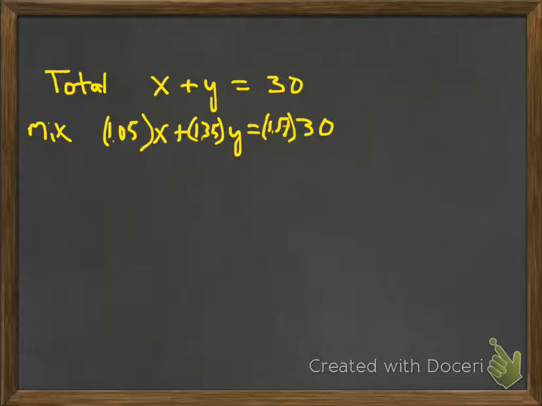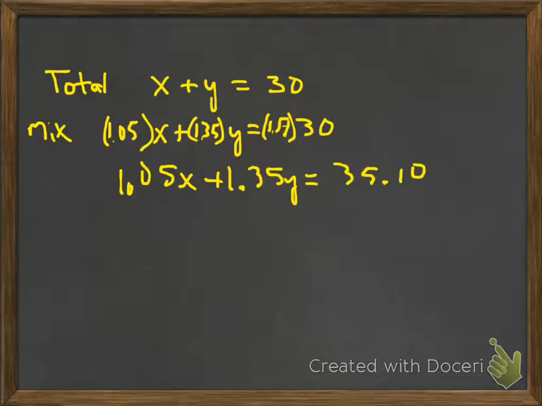Okay, go with that. All right, so if I multiply those, I got $1.05x plus $1.35y equals 1.17 times 30, which equals 35.10. If I bring this other one down, x plus y, I want numbers that are going to match up so I can do this by elimination.